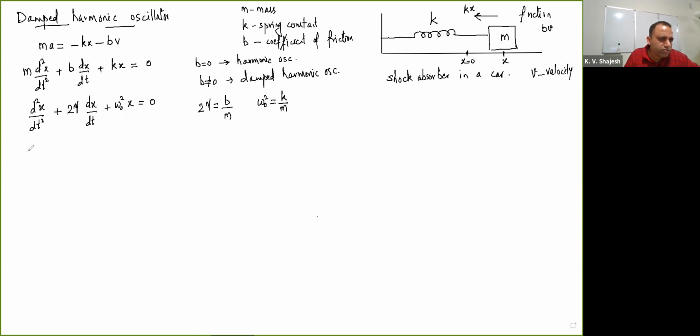So x of t must be exponential of some alpha times t. Notice you haven't really found the solution until you find alpha. You're just claiming that it must be of the form exponential, and that's because it's a linear second order differential equation.